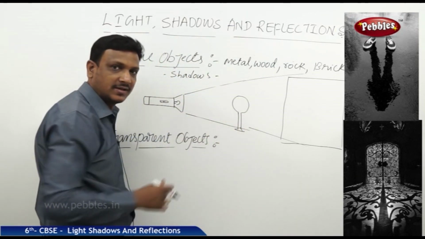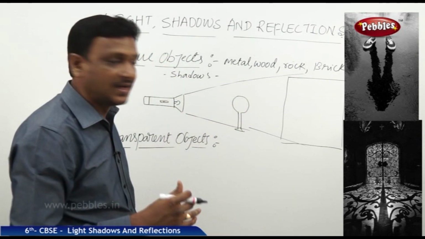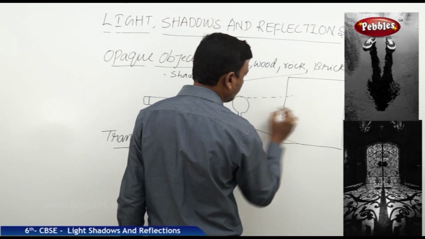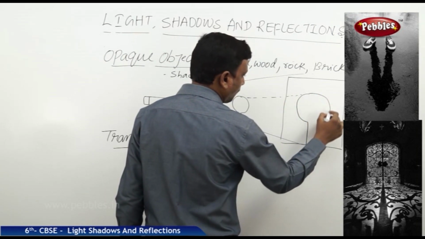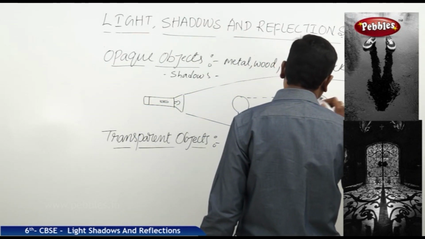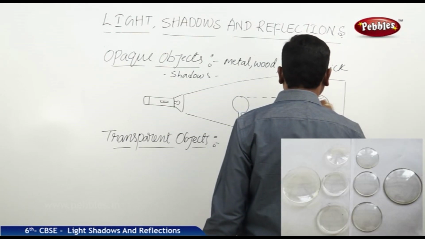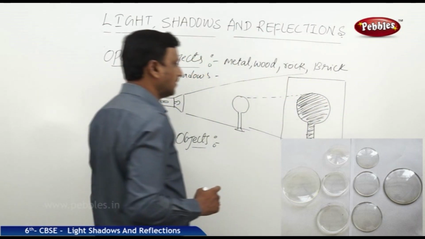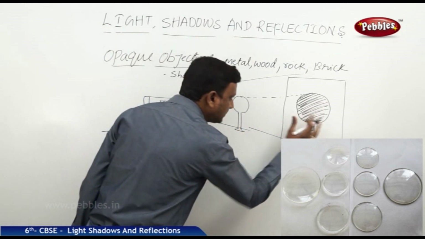It is obstructing the light. Now you can see the shadow of this circular object that I have kept here falls here.